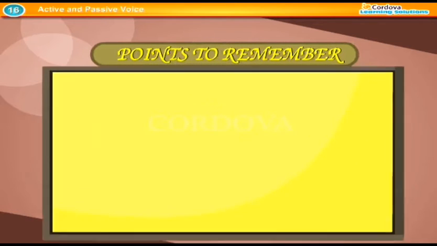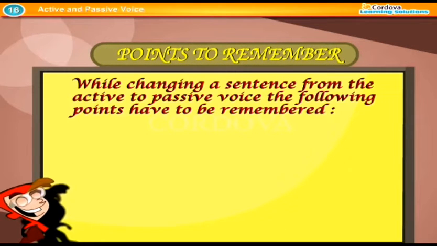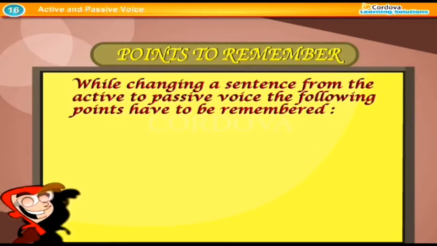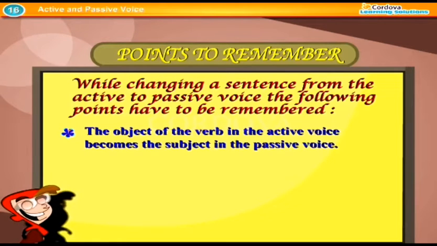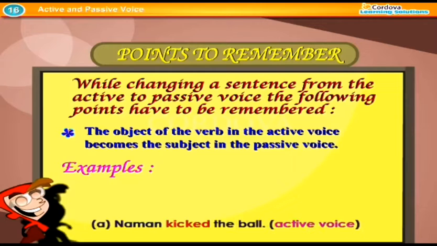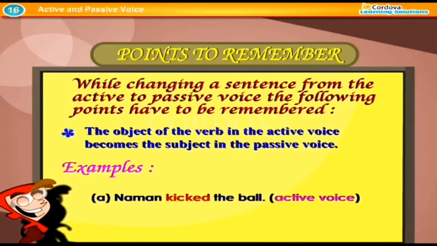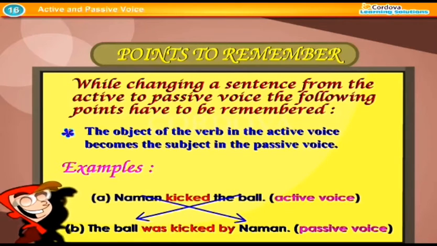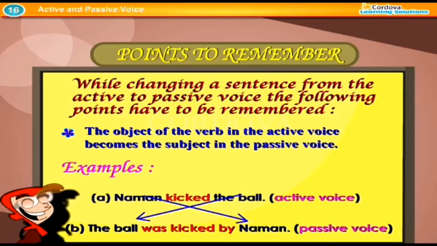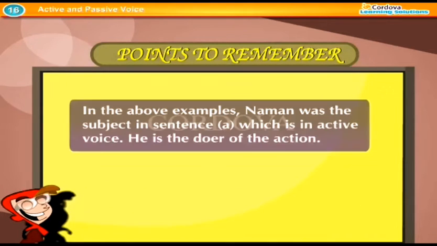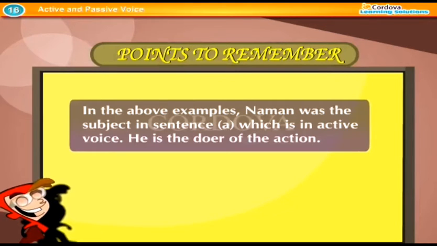Points to remember. While changing a sentence from the active to passive voice, the following points have to be remembered. The object of the verb in the active voice becomes the subject in the passive voice. Examples: A. Naman kicked the ball. Active voice. B. The ball was kicked by Naman. Passive voice. In the above examples, Naman was the subject in sentence A, which is in active voice.